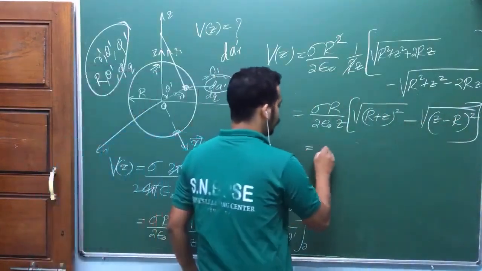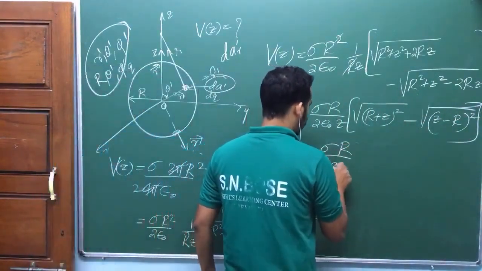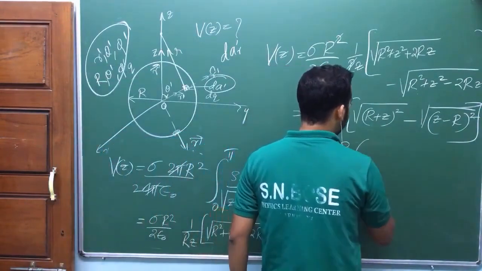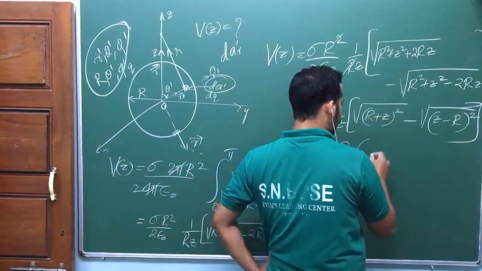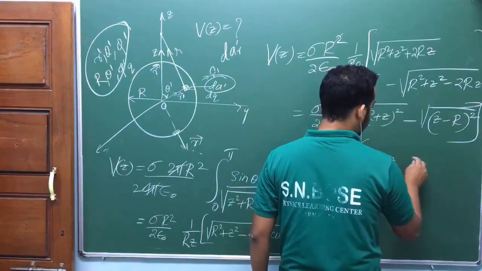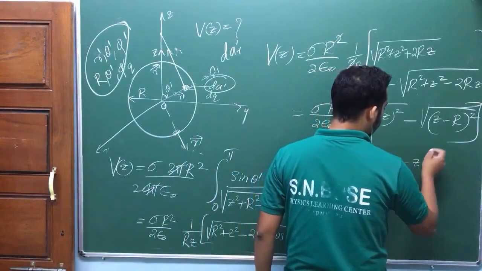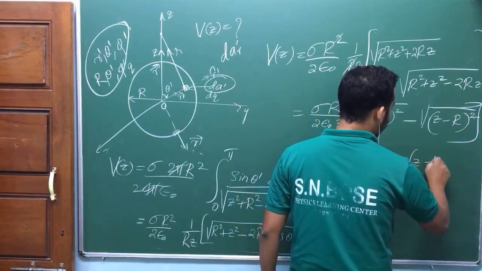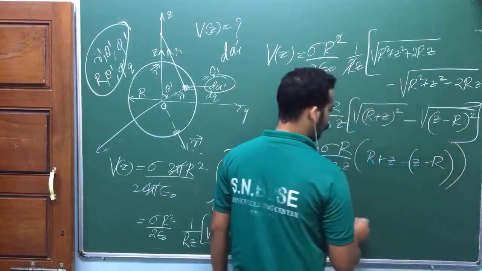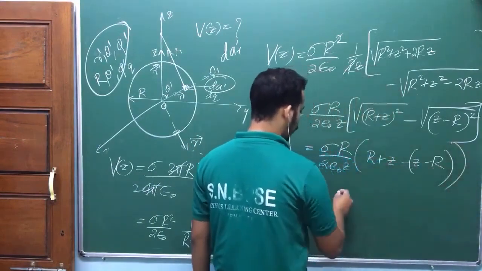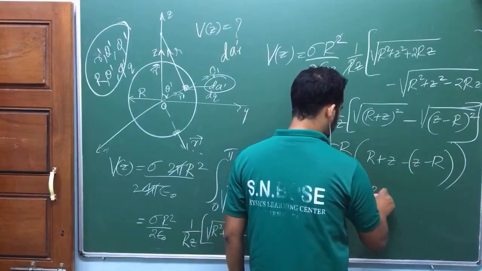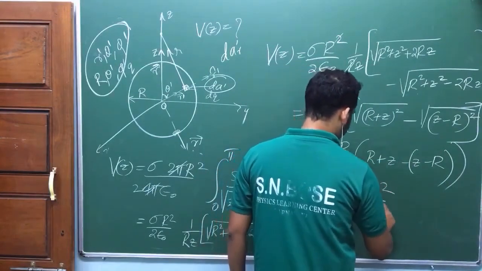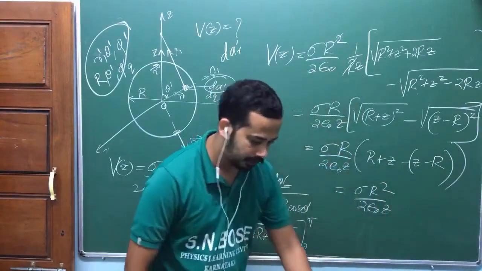So that is sigma r by 2 epsilon naught z, okay? So this is equal to r plus z, the whole square under root, r plus z, minus z, again, so minus of z minus r. So z will get cancelled, r will add up: sigma r square by 2 epsilon naught into z. Check this out.